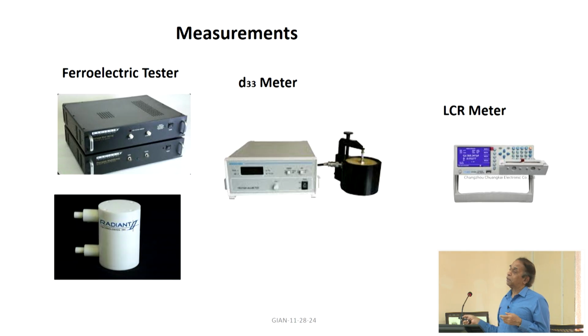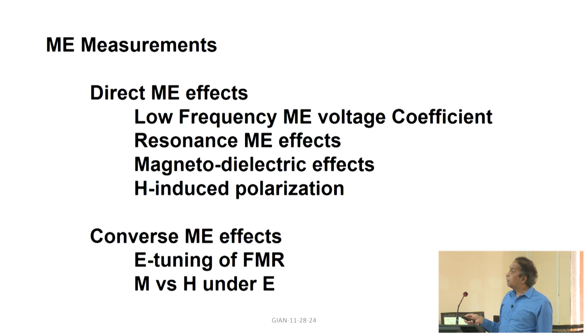And also you can measure, with the traditional LCR meter, the capacitance across PZT. So, that way you can measure what the dielectric constant is. And these we have already seen in many of the earlier talks. So, measuring the magnetoelectric effects, we had demos in the tutorials on all these things.